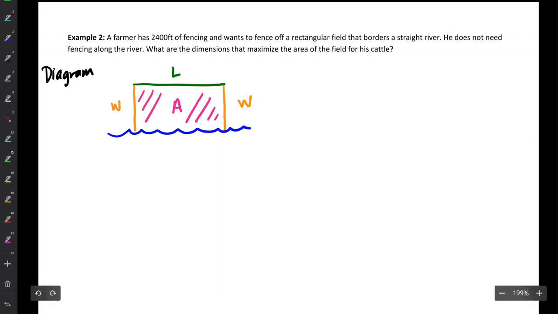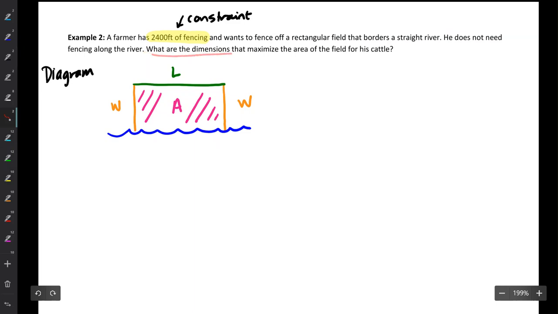A farmer has 2,400 feet of fencing. That's a constraint. He doesn't have more. And he wants to make this rectangle. He doesn't need fencing along the river, so he just needs fencing for a width, a length, and another width.